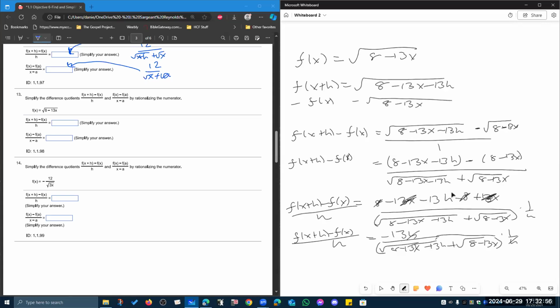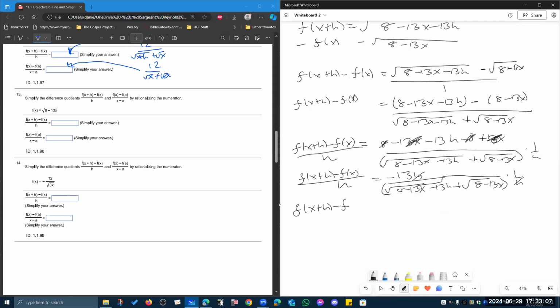The h's will cancel, and I'll get a final answer here of f of x plus h minus f of x divided by h is equal to negative 13 over root 8 minus 13x minus 13h plus root 8 minus 13x.